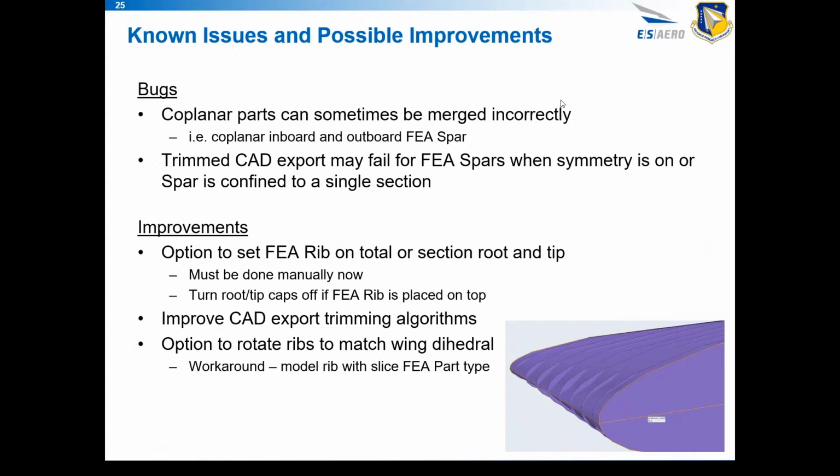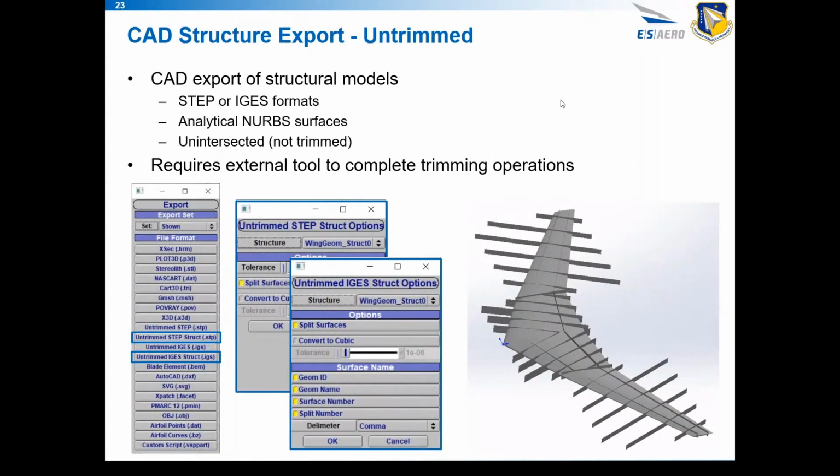There are some issues with the trimmed CAD export when having the FEA parts confined to a certain section, or when symmetry is on. If you look back at an image like this, all these cutting planes are oversized slightly. So when you have something like a spar, it's actually going to be oversized into the symmetric copy, and if you have it limited to a certain wing section, it'll be slightly oversized into the next section.